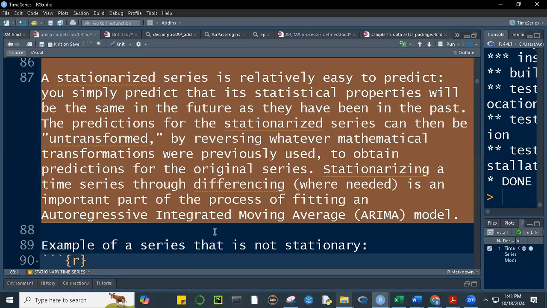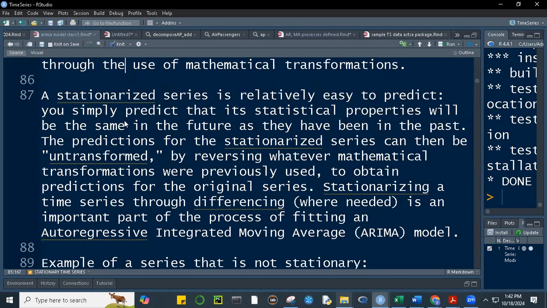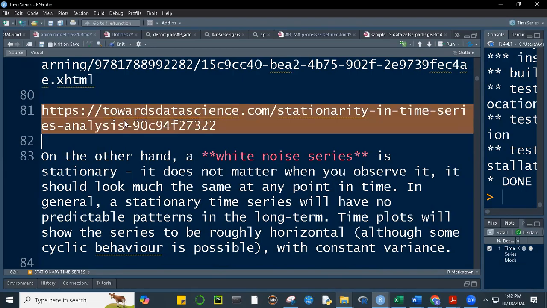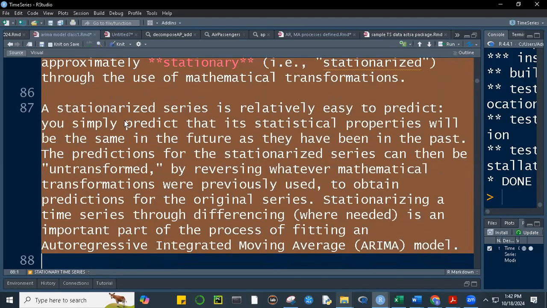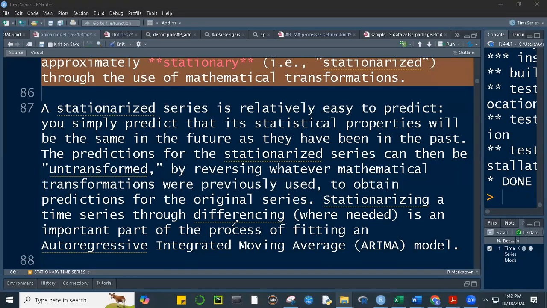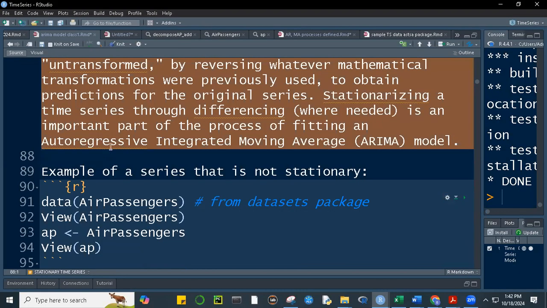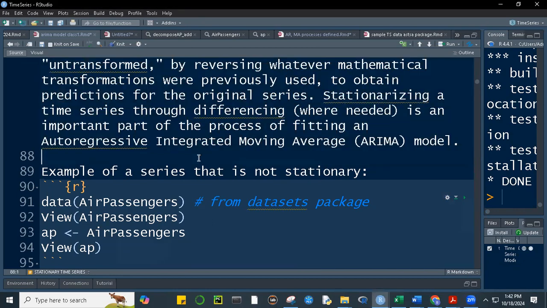Control C. Okay, let me stop there, class.